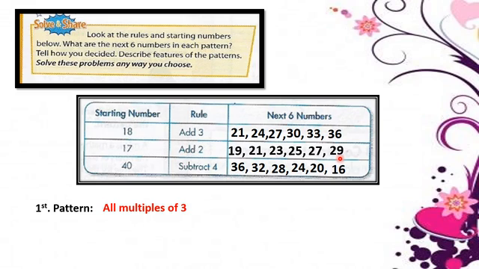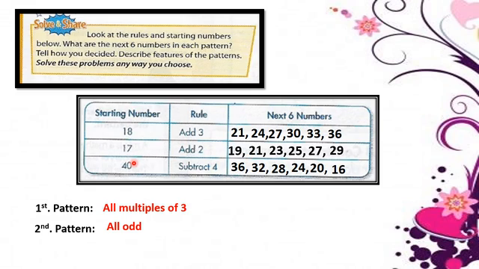Are they all odd numbers, all even numbers, or a combination? So in the second pattern, we can say that all the numbers are odd numbers. Odd numbers are numbers that cannot be divided by 2. If you divide these by 2, they have a remainder. Or odd numbers are the numbers that end in 1, 3, 5, 7, or 9.